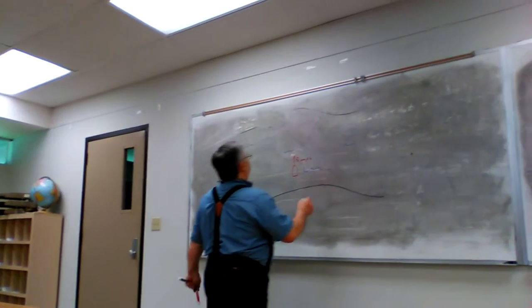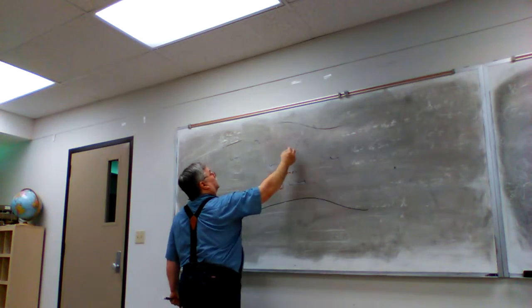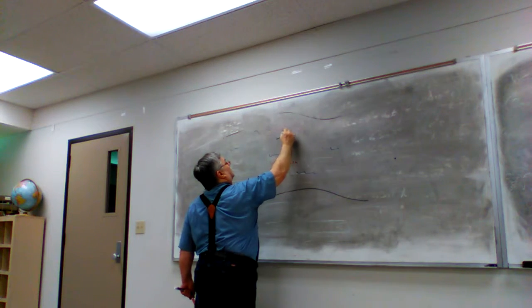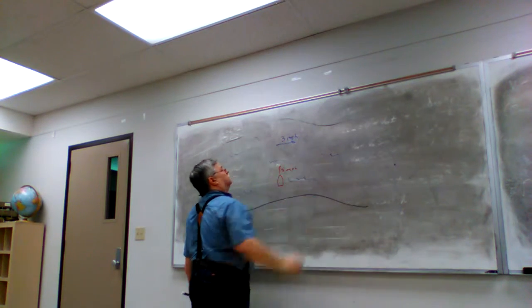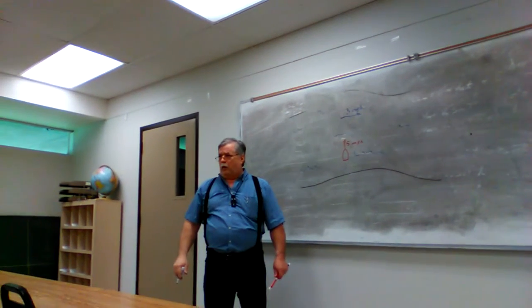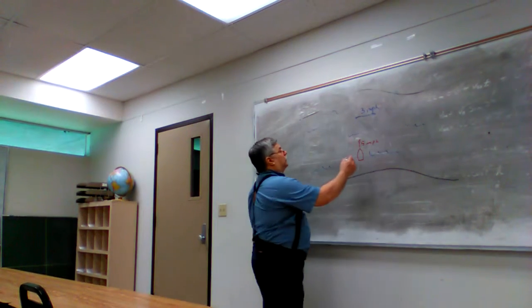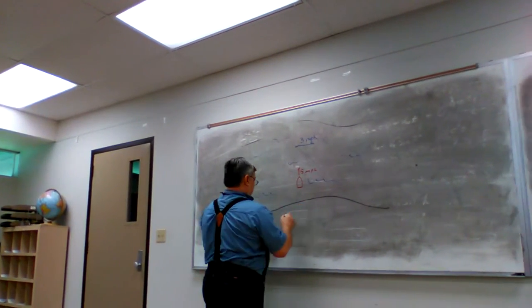What if the water is moving from west to east at 3 miles per hour? Now, what is the relative velocity of the boat? What is the velocity of the boat with respect to the shore?